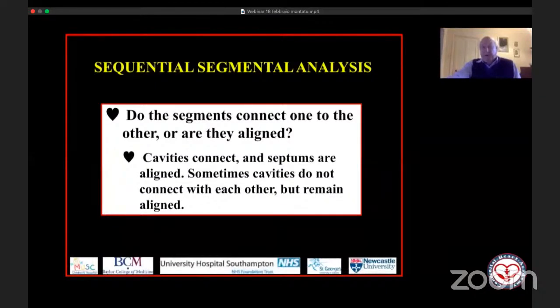If we're going to use alignment, we'd prefer to look at that in terms of the septums. But as we're also going to emphasize on occasion, the cavities can be aligned, but are not necessarily connected. And it is for that reason that we do not think it is justifiable to use alignments as being the same thing as connections.